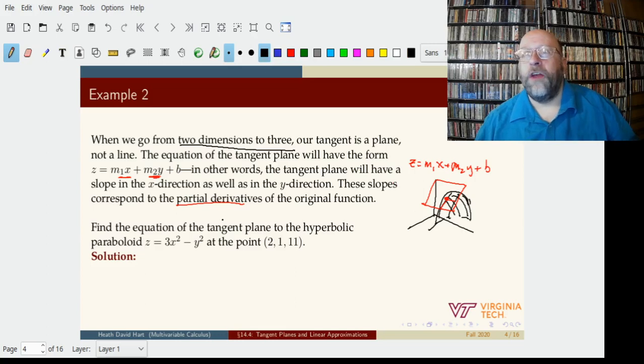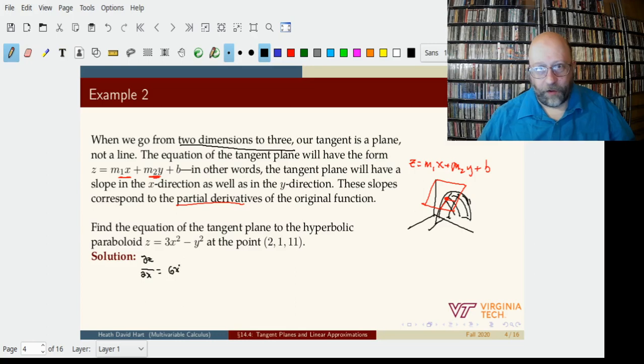Find the equation of the tangent plane to the hyperbolic paraboloid z equals 3x squared minus y squared at the point 2, 1, 11. Okay, so if we calculate the partial derivative dz dx, we get 6x for the first term, and the second term goes away. And we're at the point 2, 1, 11.